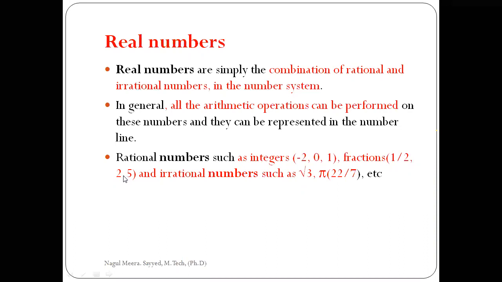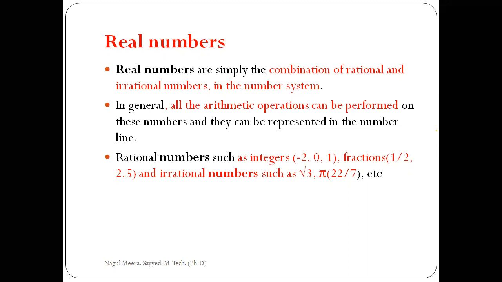These types of numbers are called fraction numbers, also called float. Why these float numbers? They are used to perform mathematical operations in computers. These are all different types of numbers.